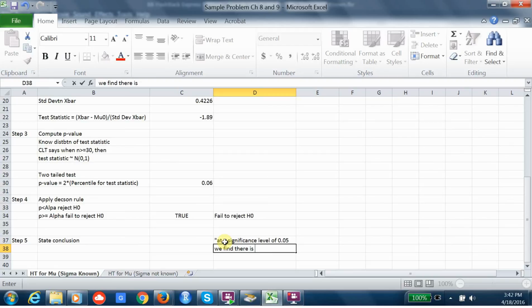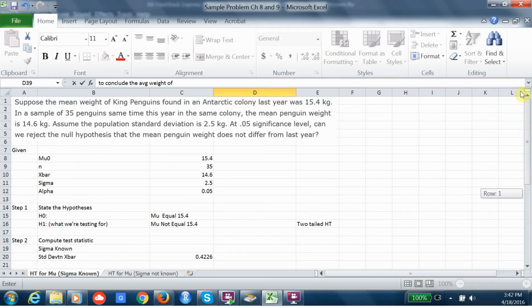We find there is not sufficient evidence to conclude the average weight of the, what were they again, penguins?